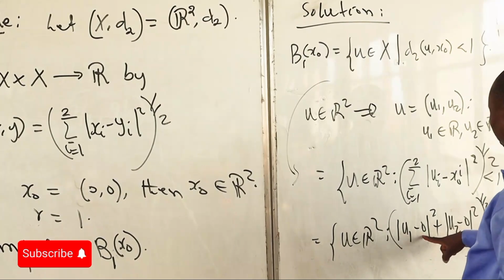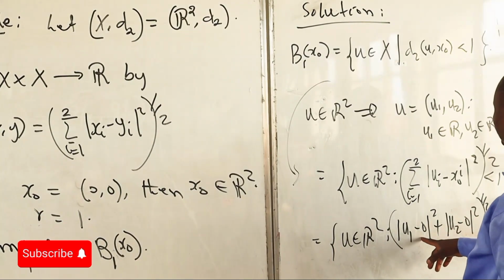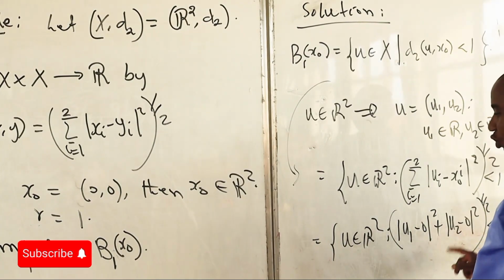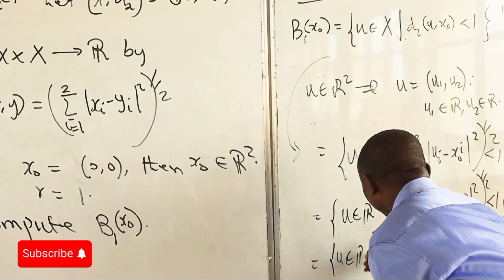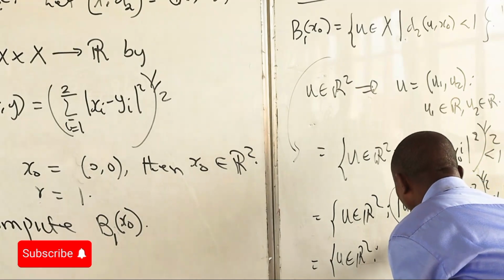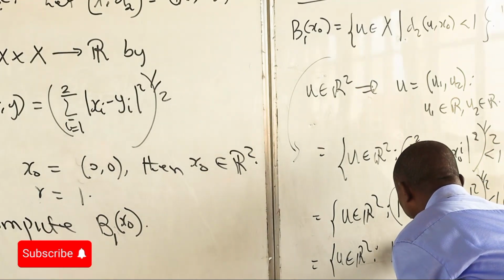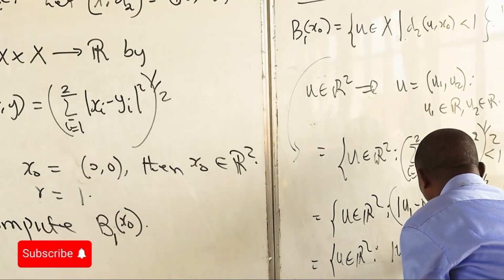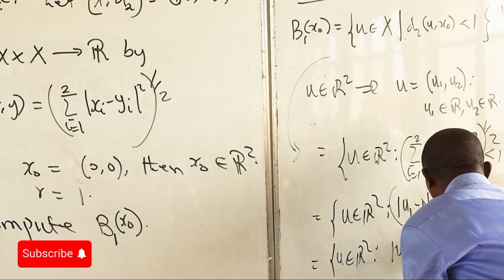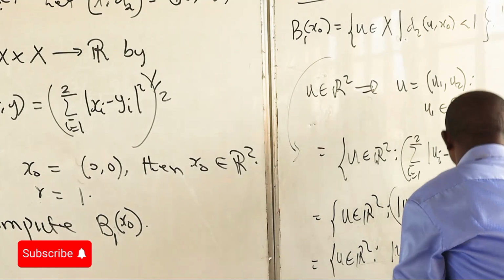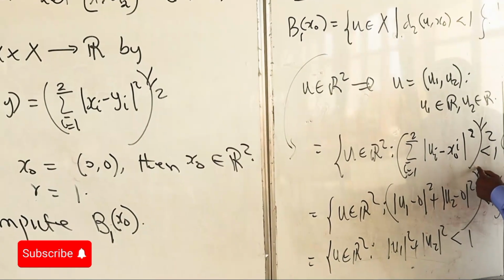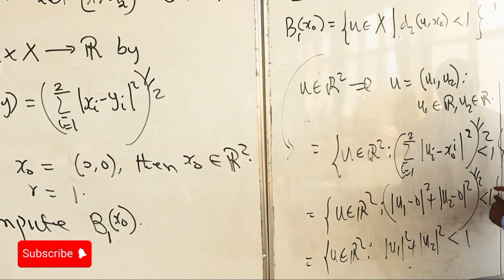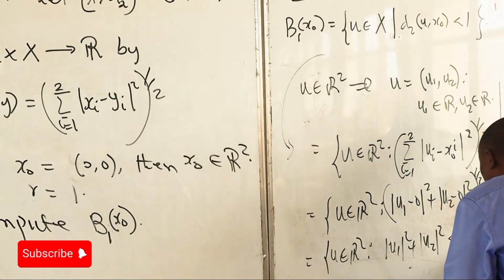Now, u1 minus 0 is u1, and similarly we have u2 here. And so this gives us all u in R2 such that absolute value of u1 squared plus absolute value of u2 squared is strictly less than 1. Here I've taken the square of both sides. If I square both sides, the power 1 over 2 will go, and if I square 1, I still get 1. Therefore, this is the same thing as this.